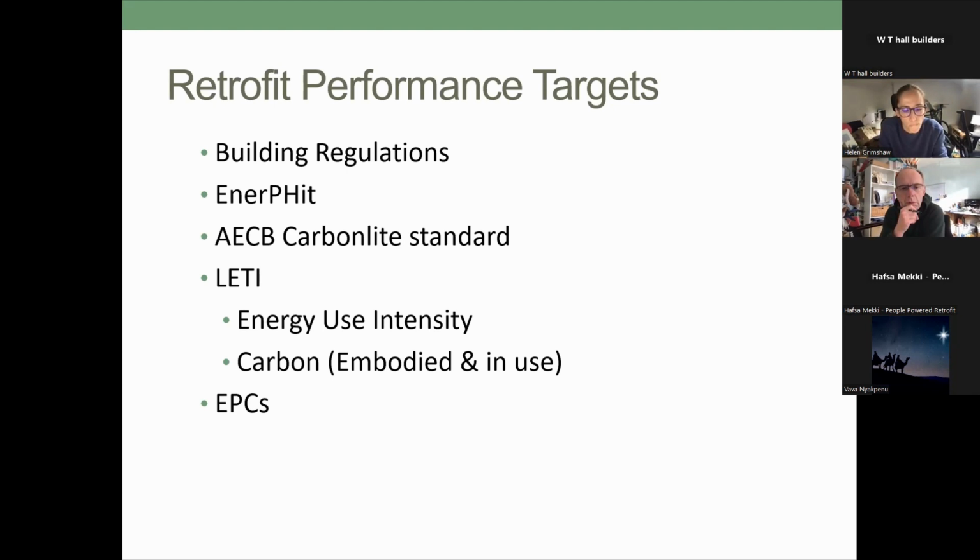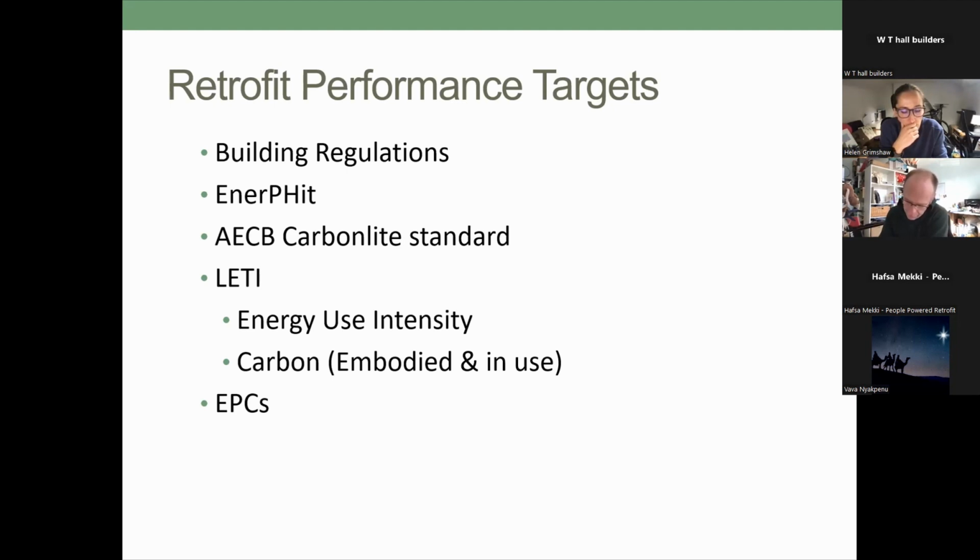We need to recognize that one of the biggest contributors to carbon from buildings is the heating source, and so level 1 is quite a basic standard that says basic energy improvements plus a change to low carbon heating, because of the need for us to cut our carbon as quickly as possible.